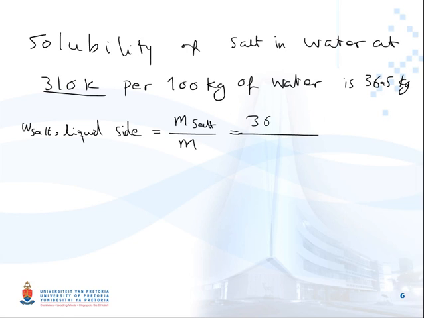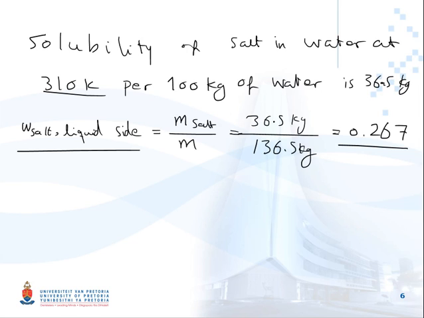So 36.5 plus 100 is 136.5, and the result is 0.267. Okay, so easily we found the specified concentration of salt at the liquid side.